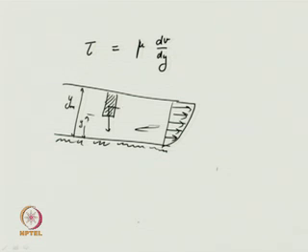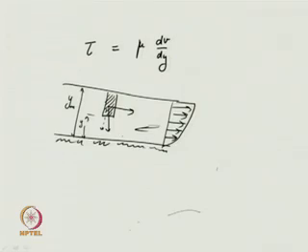The component in the flow direction is now being balanced by the frictional force along the bed. So you have to equate them. What is the frictional force along this direction?